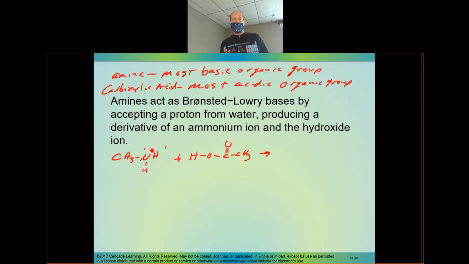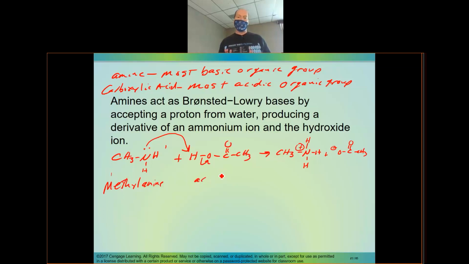Your nitrogen, the electron pairs on your nitrogen, will take the acidic hydrogen off of your carboxylic acid, and you will now have a CH3, and now you're going to have 3 H's on that end. And now that has a plus charge. And then you're going to have your acetate, your O minus, C double bond O, and then CH3. So you started with methylamine and acetic acid.